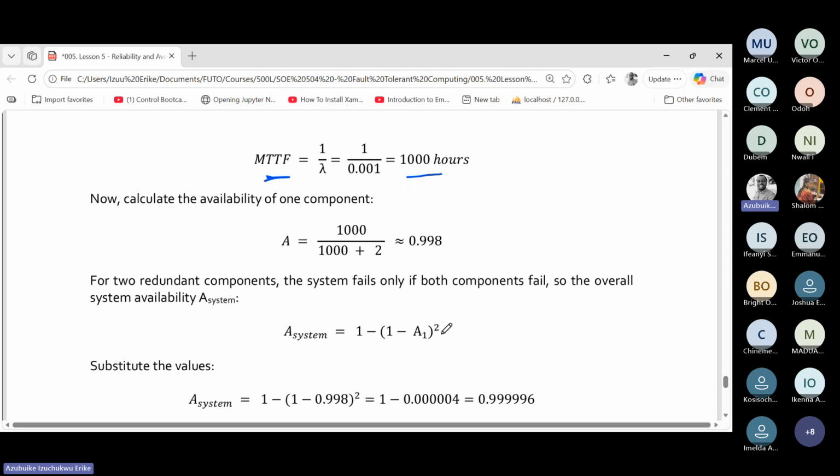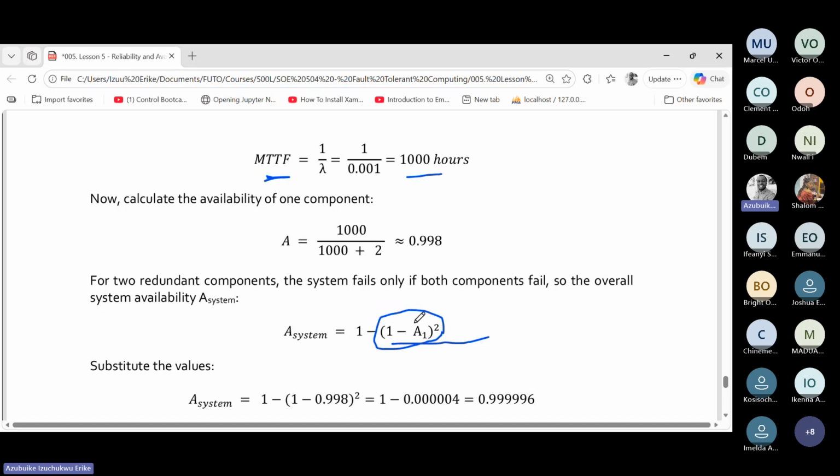Now, because there are 2 components, the system is connected in parallel. If you go back, I said it is going to be 1 minus the first component's availability times 1 minus the second component's availability. But since the availability of these two components is the same, we now have a square of it.